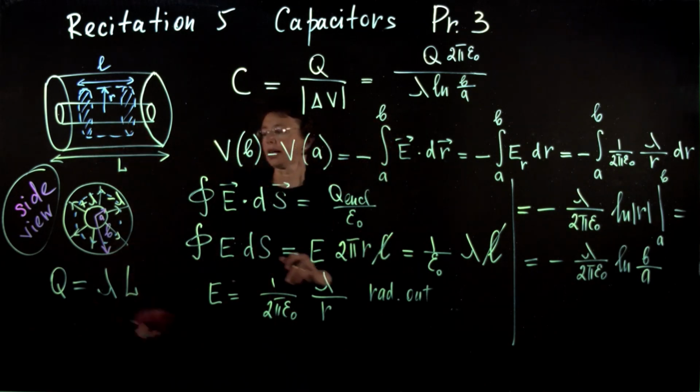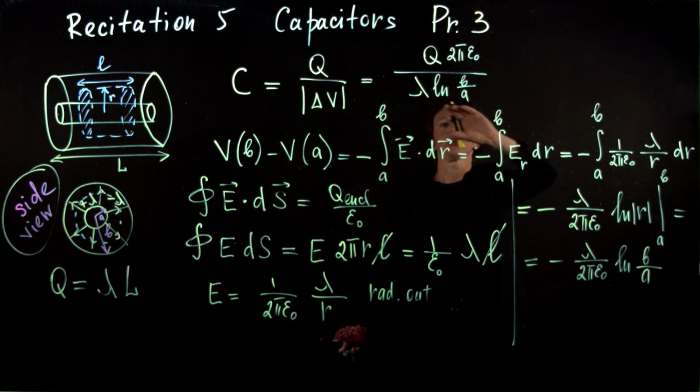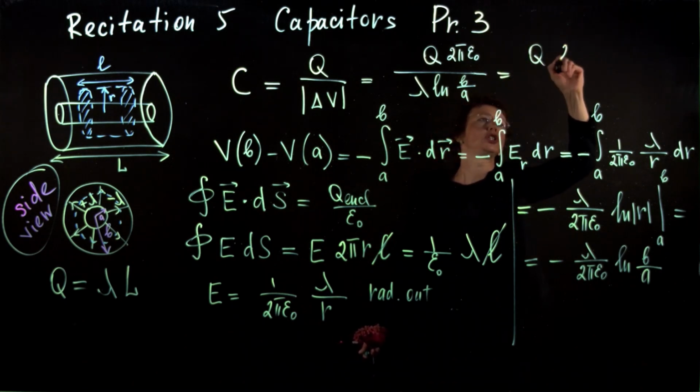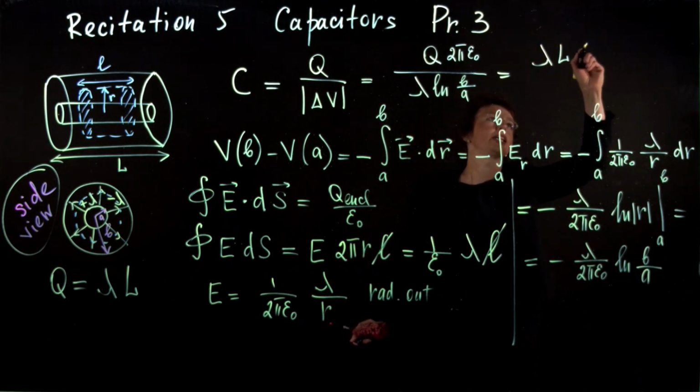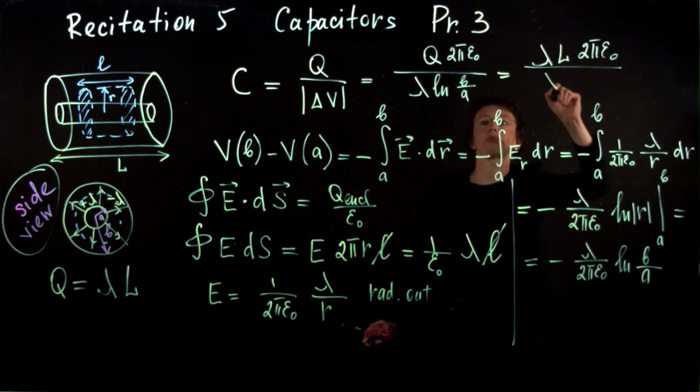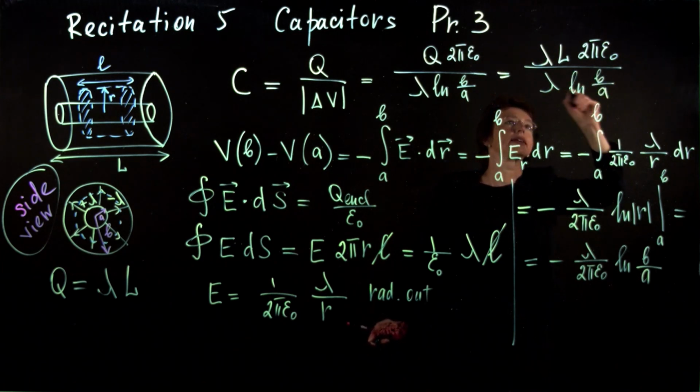So we want to express Q. Q is lambda L, then 2 pi epsilon naught divided by lambda, and then logarithm b over a.